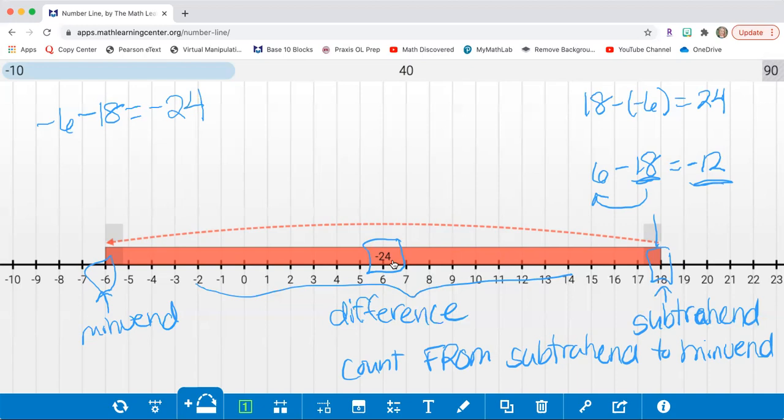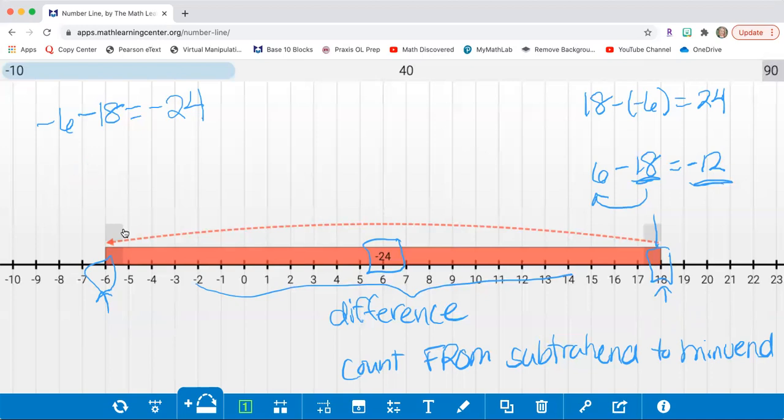Where before, when we did +18 minus a -6, I'll do that again so we can erase this. Now this is no longer the minuend and this is no longer the subtrahend. Now they're switching roles. So I'll change colors.